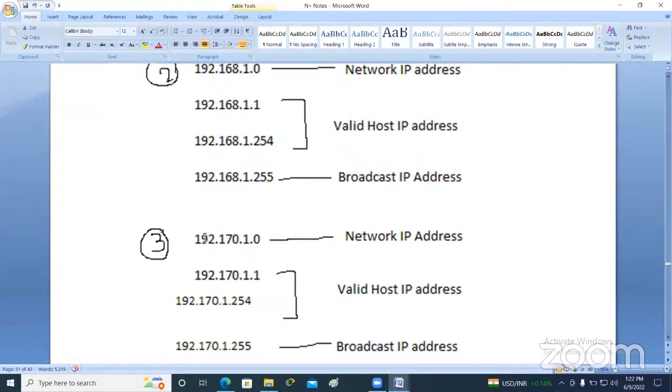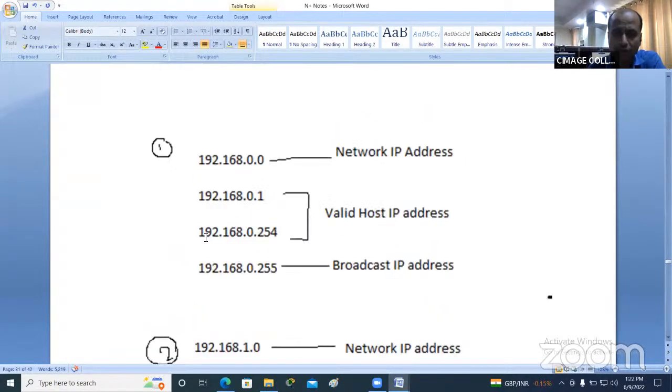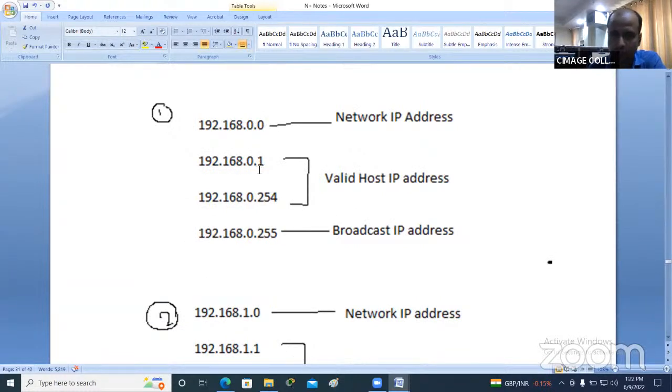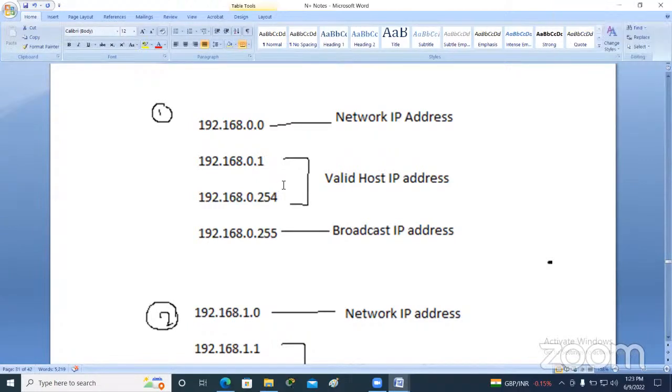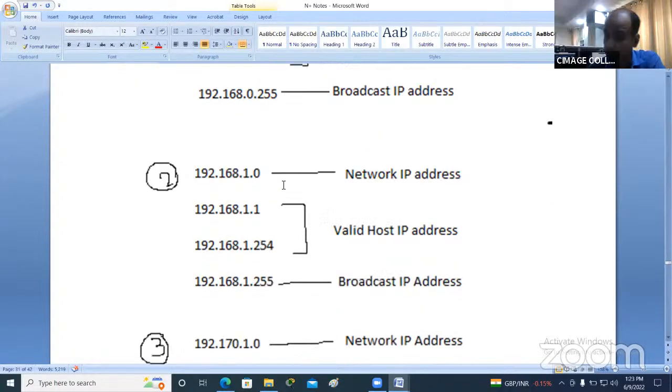So now these three are different networks, and in all these networks, the very first IP will be 0 and the very last IP will be 255. The very first IP is used as the network IP address, the last as the broadcast IP address, and the rest of the IP addresses, 1 to 254, are valid host IDs. Now this is class C.